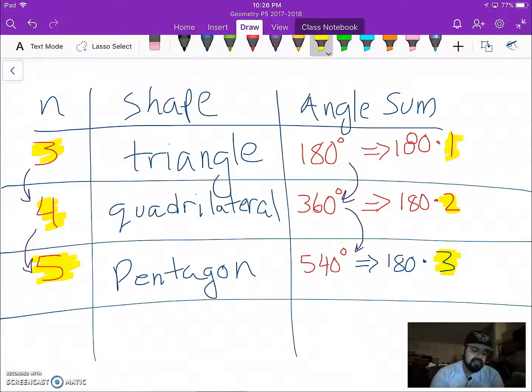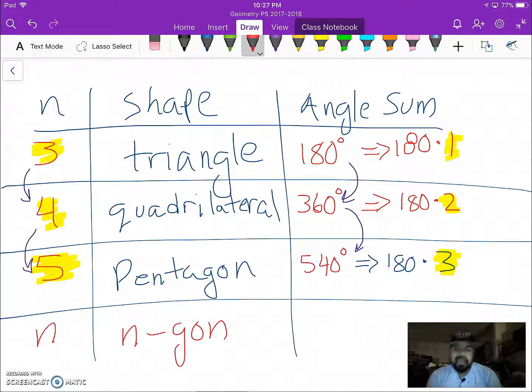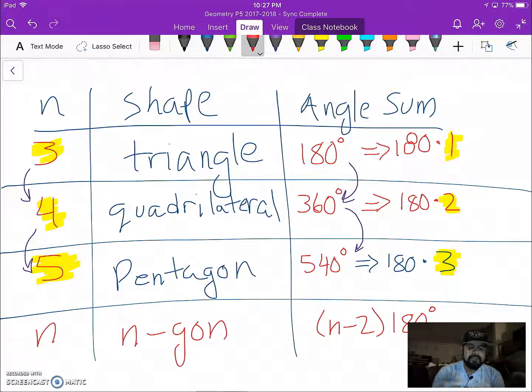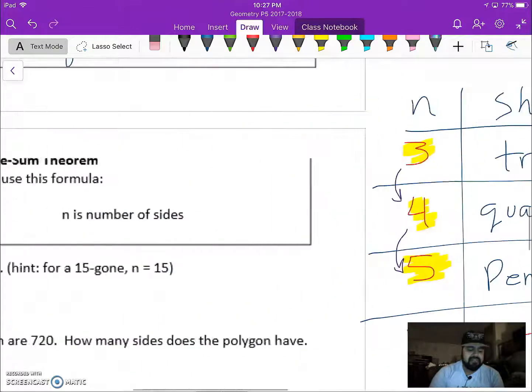So in general, for any number of sides, for any n-gon, could be a hexagon, decagon, 20-gon, you will use the formula (n minus 2) times 180 degrees. So we're going to go ahead and write that formula in the first box on our second page.